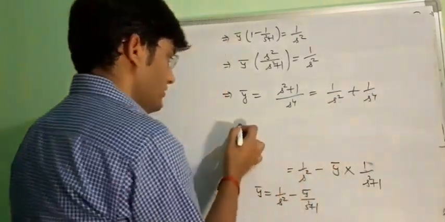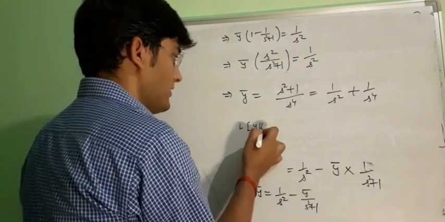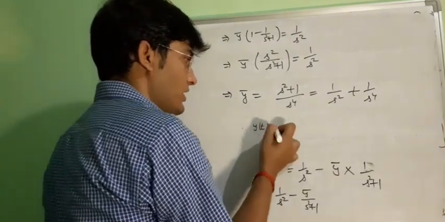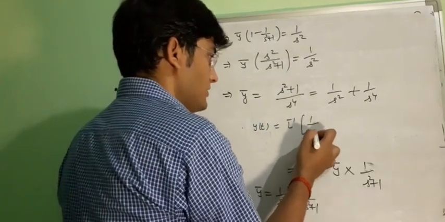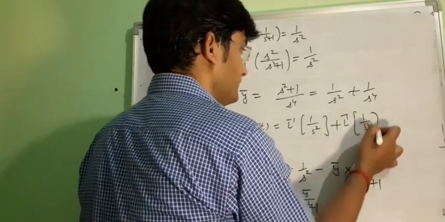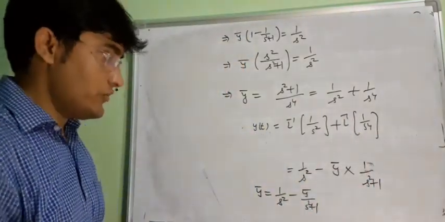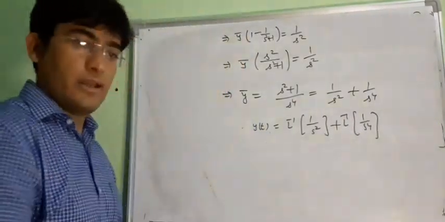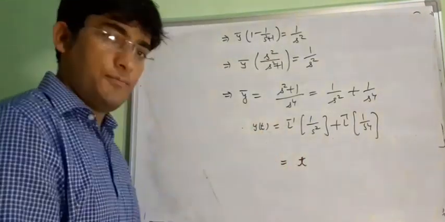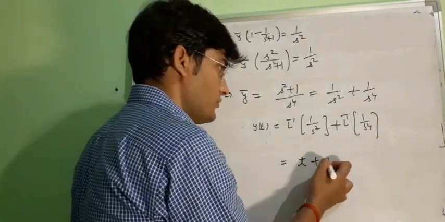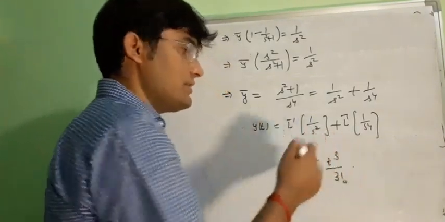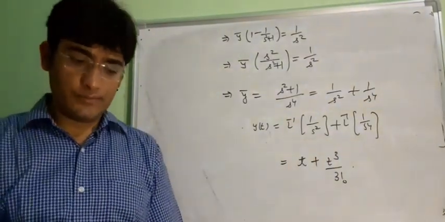Now just take the inverse Laplace transformation. So the inverse Laplace transformation of this y bar will be Laplace inverse of 1 upon s square plus Laplace inverse of 1 upon s4. Now we have the formula: the Laplace inverse of 1 upon s square is t, and the Laplace inverse of 1 upon s4 is t cube upon factorial 3, that is 1 by 6 t cube. So this is your answer.